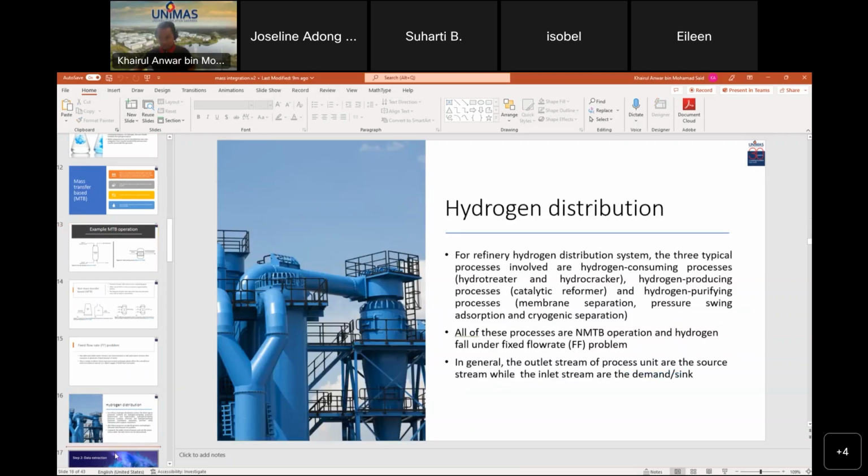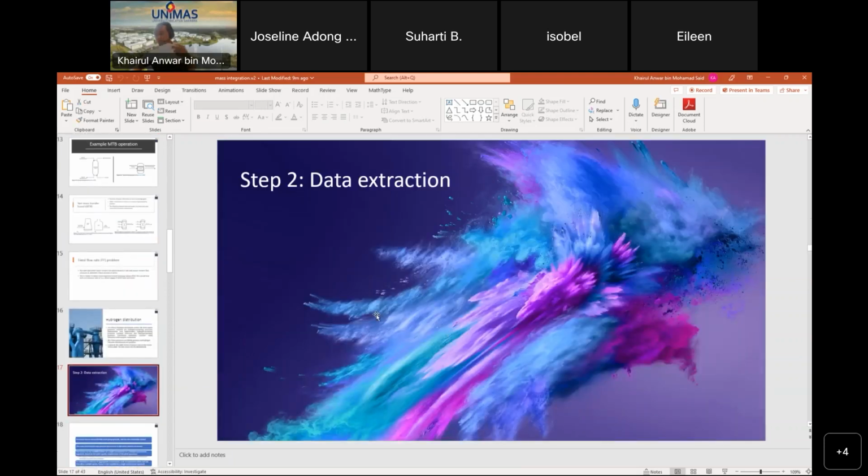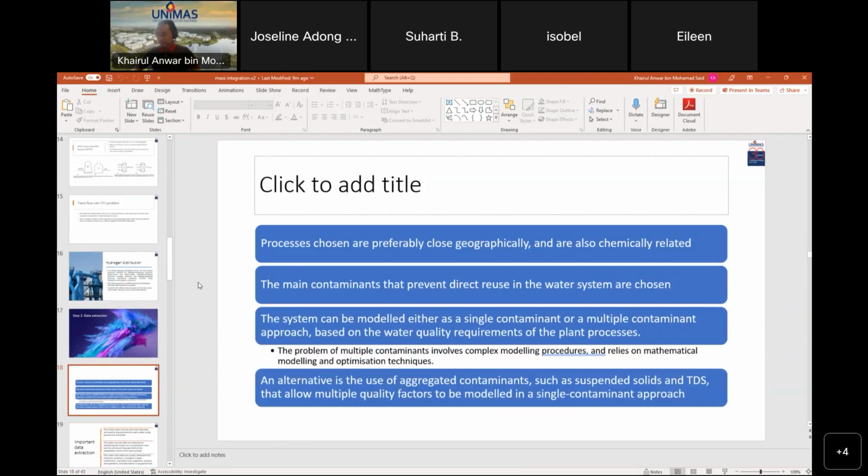So this week we continue with data extraction. I'm using Water Pinch Analysis for Water Management and Minimization by Sharifah Rafidah Wan Alwi and Zainuddin Abdul Manan from UTM, Handbook of Process Integration. The processes chosen are preferably close geographically and also chemically related.